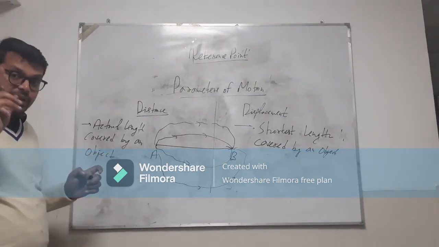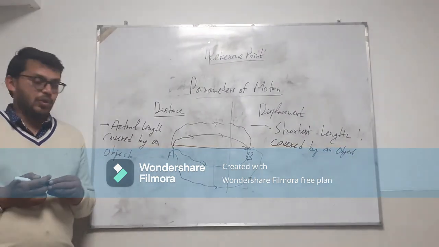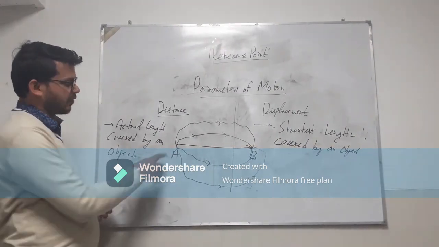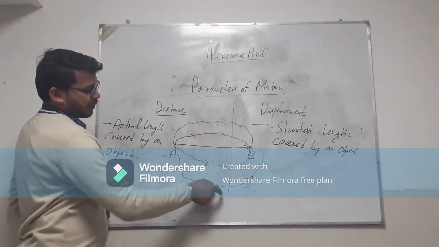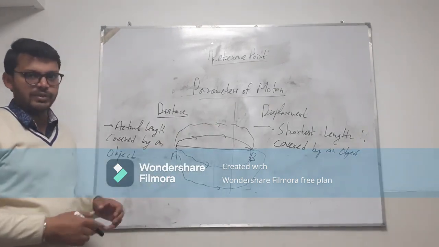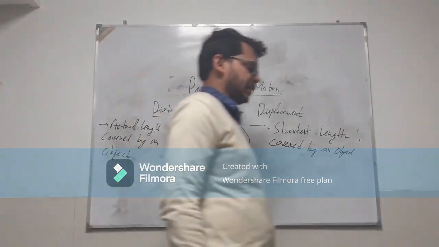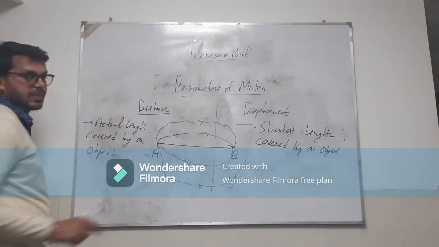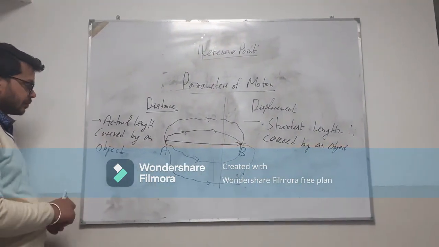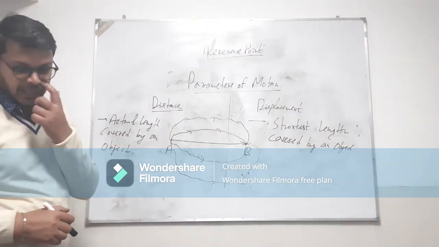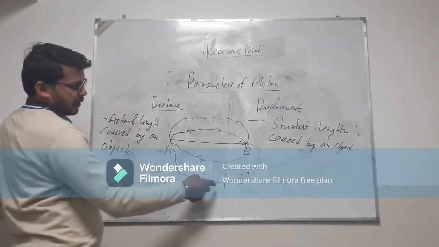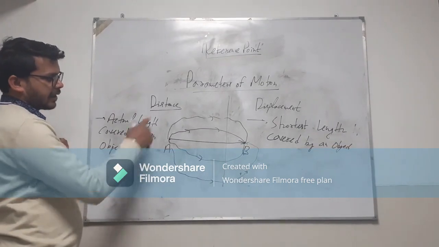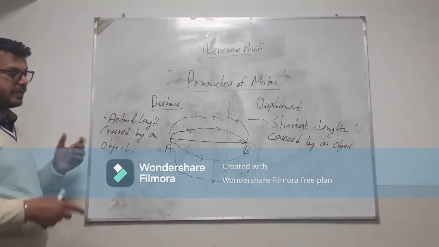But think, distance and displacement can be equal. Suppose you are asking, sir, why is A moving in these wavy ways? See, A can also move in a straight line. That means distance and displacement can be equal. So A can reach B in different ways, in an infinite number of ways.